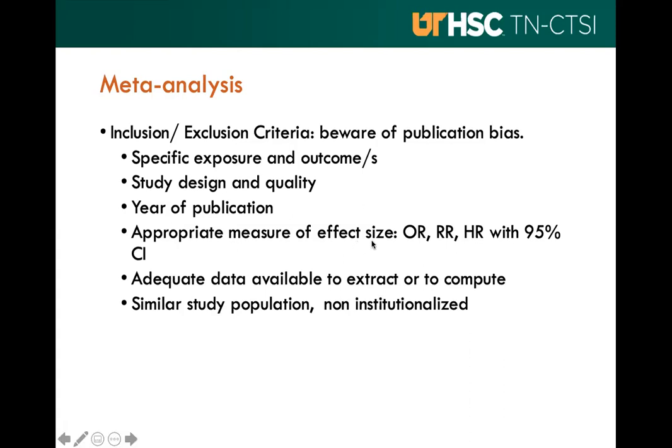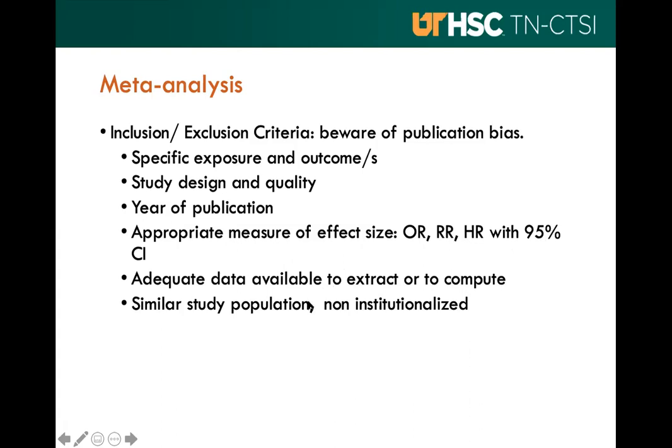Appropriate measures of effect size, like mean difference, standardized mean difference, Cohen's d, odds ratio, relative risk, hazard ratio, proportion, and with their 95% confidence interval. So you should include this in your description of the inclusion and exclusion criteria.